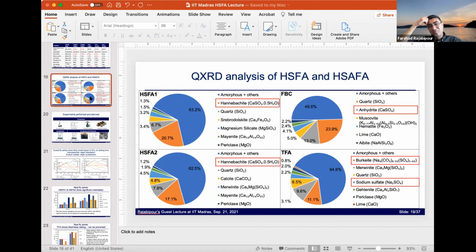There is one set that is shown here, and I believe, Gopal, correct me if I'm wrong, we looked at other Trona-impacted fly ashes too. Power plants are focused on optimizing their operations, and they care very little, if at all, about the fly ash.